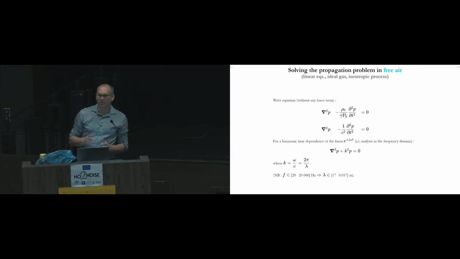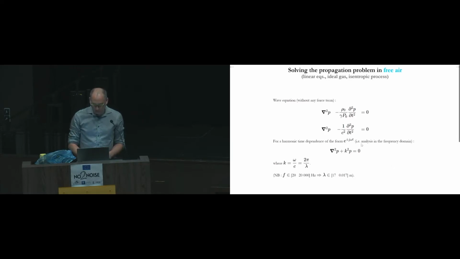When we solve our problem, we have this wave equation in time, but usually we assume a time dependence of the form exponential plus or minus j omega t, just to look in the frequency domain, because it's sometimes easier, and our ears are also some kind of frequency filters, so it's maybe not a bad idea to look at the frequency domain.